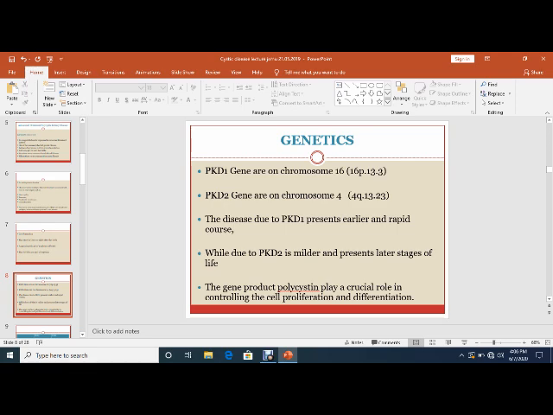PKD1 presents early and has a rapid course, while PKD2 is milder, and these patients can present in the later stage of life. The gene product, that is polycystin, plays an important role in controlling the cell proliferation and differentiation of this cyst formation.